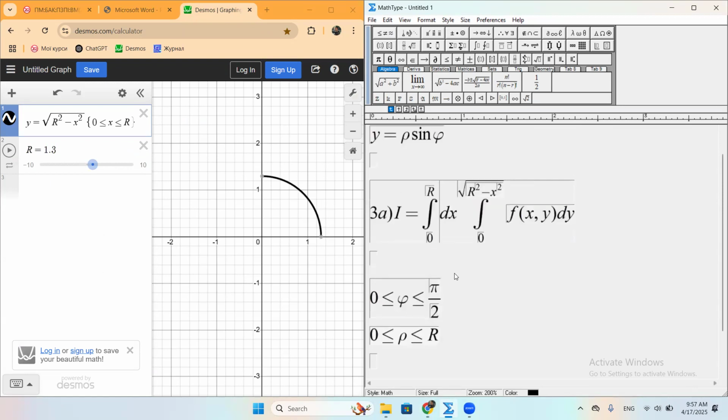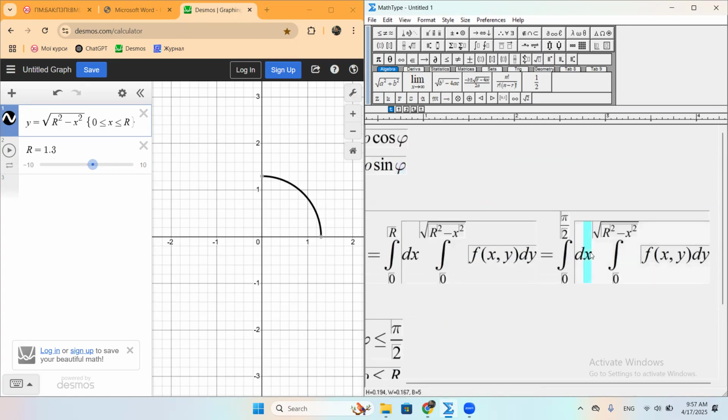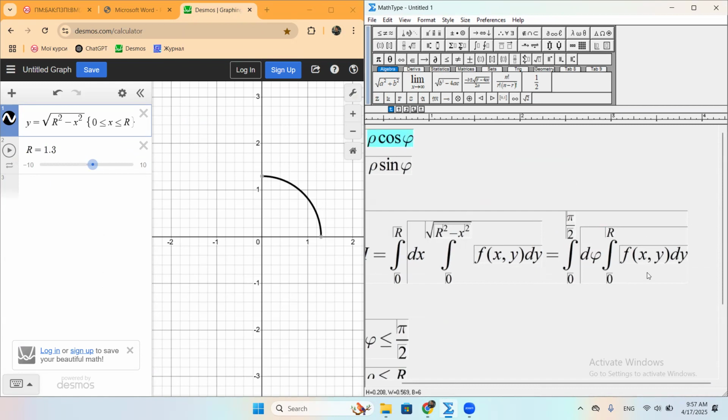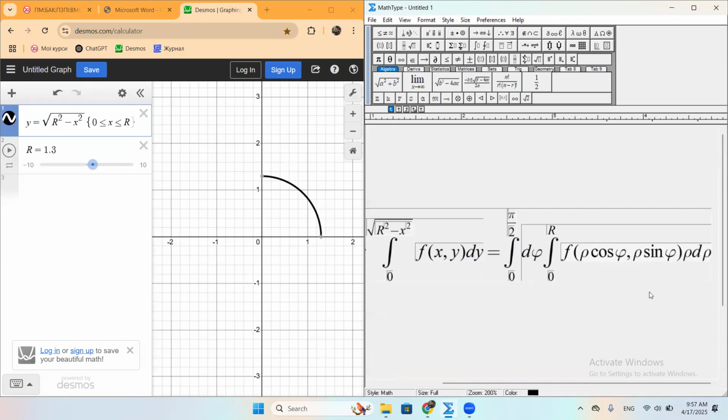So we described the region of integration in polar coordinates. Now we can rewrite this integral: from 0 to 2π dφ, and from 0 to r, ρ cos φ and ρ sin φ, multiplied by ρ dρ.